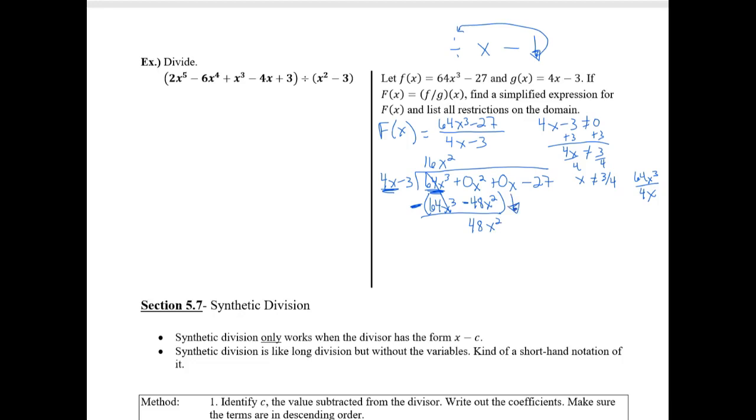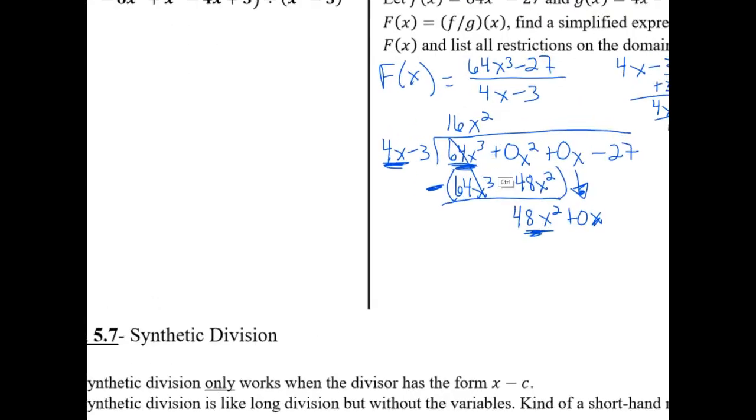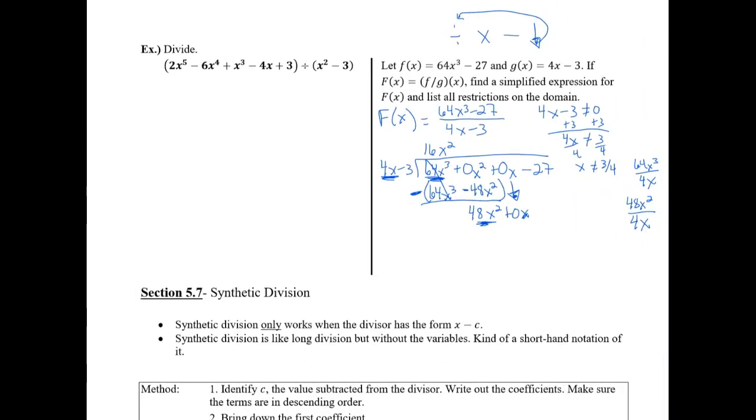Bring down the next term. Bring it back to divide. So I'm dividing again, the leading term by the leading term. 48x squared divided by 4x. 48 divided by 4 is positive 12. Whoops, didn't mean to zoom that in so much.